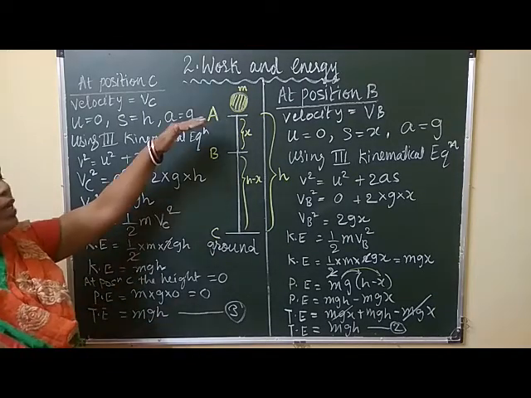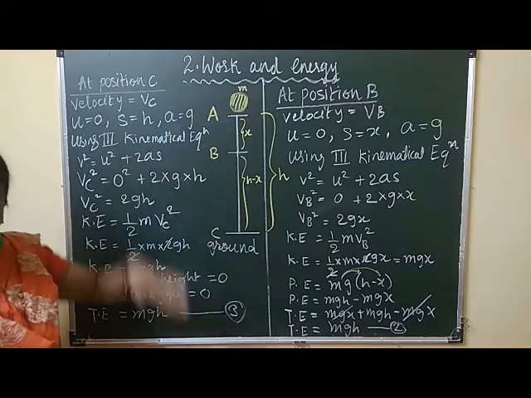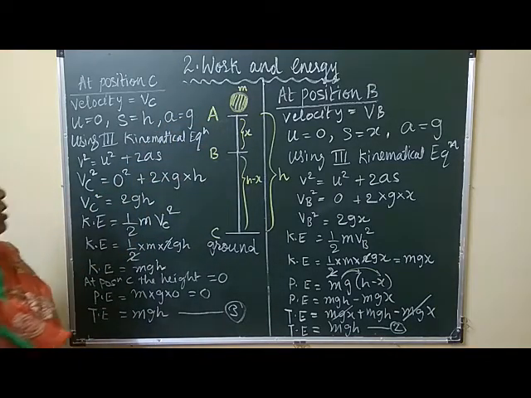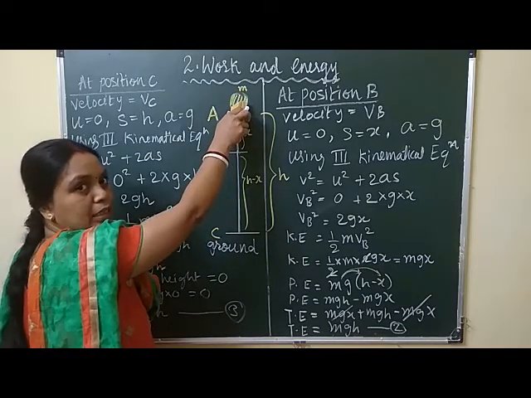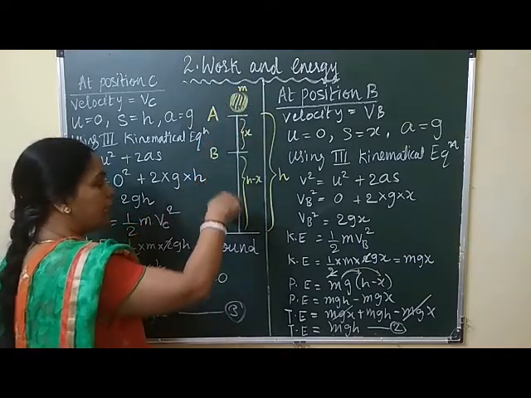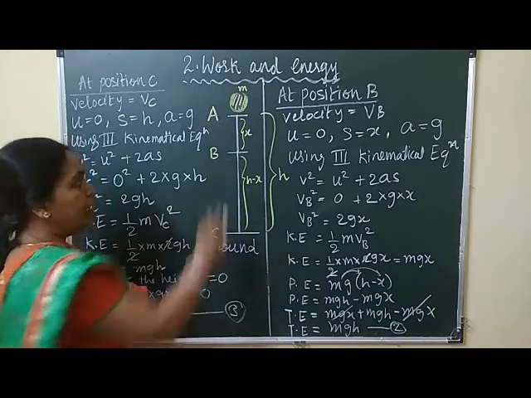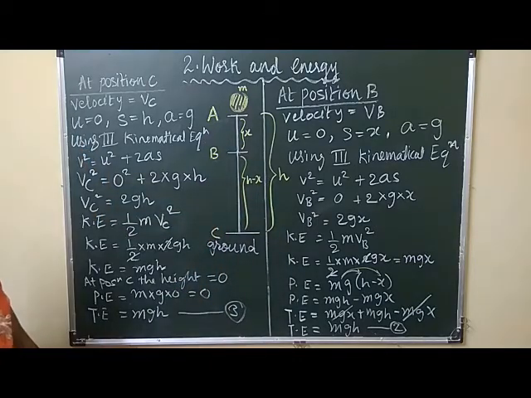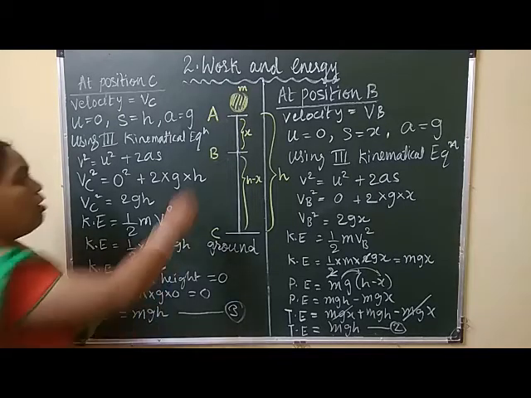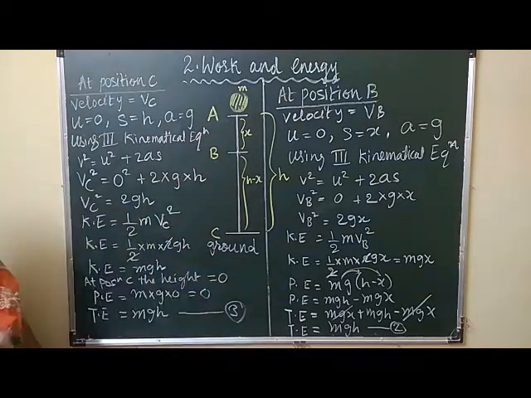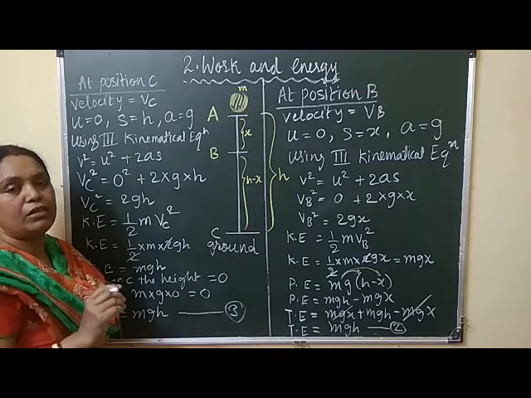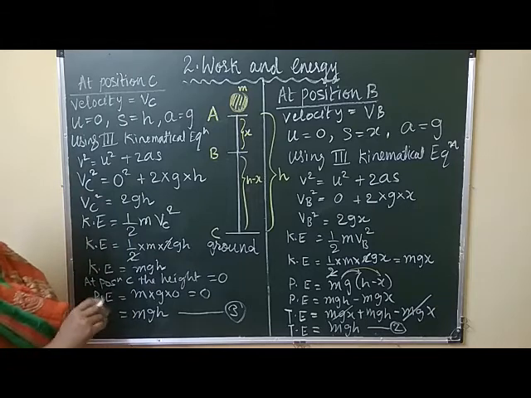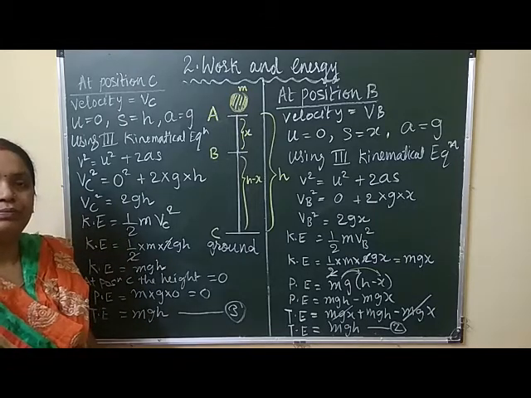That when an object is freely falling on the ground, the total potential energy which is stored in the object slowly gets converted into kinetic energy, and the energy remains constant at all the positions. This satisfies the law of conservation of energy during a free fall.